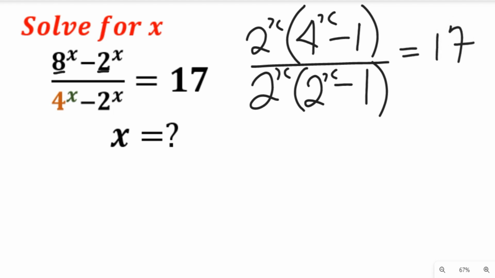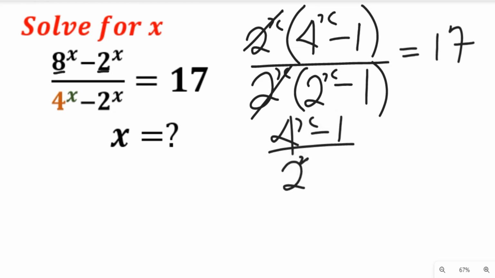From this expression, we can simply see that 2 to the power of x will cancel 2 to the power of x. So we'll be left with 4 to the power of x minus 1, divided by 2 to the power of x minus 1, and that will be equal to 17.